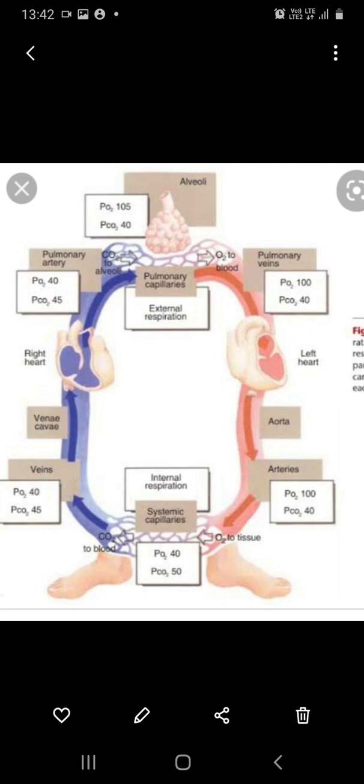Partial pressure of carbon dioxide is calculated by the formula P(carbon dioxide) is equal to atmospheric pressure into percent content in the mixture.